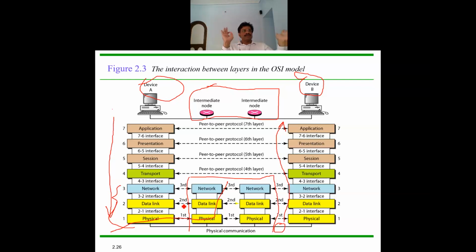So once again, the physical layer defines the unstructured raw data transmission. It defines the physical medium. It defines voltage levels. It defines timing of the voltage levels or voltage changes. It defines physical data rates.